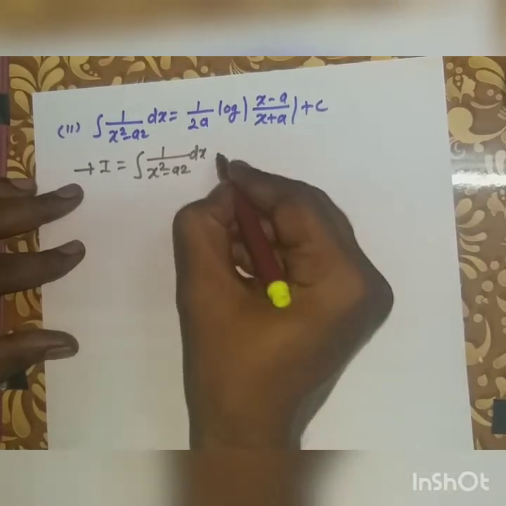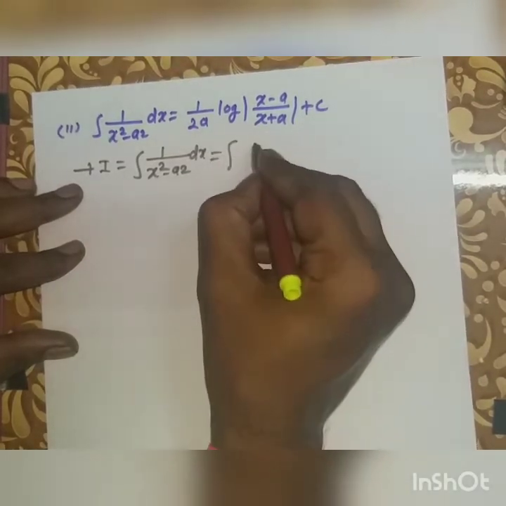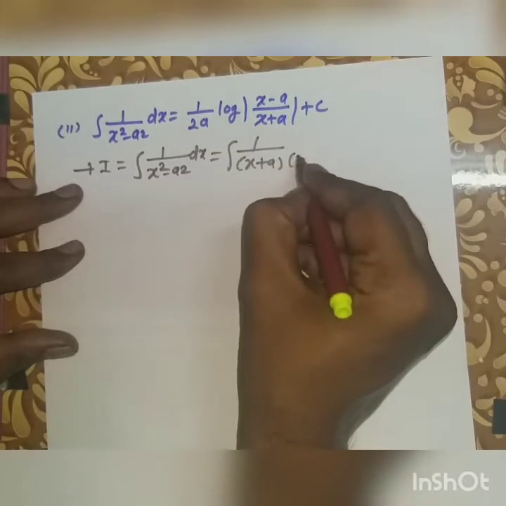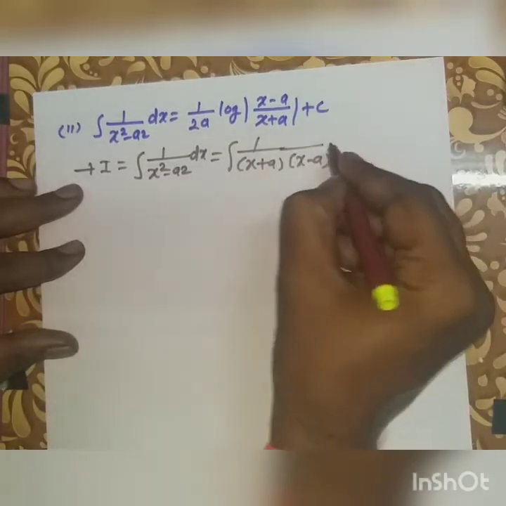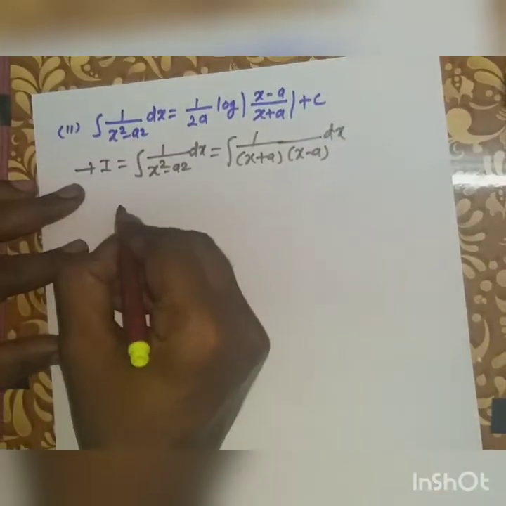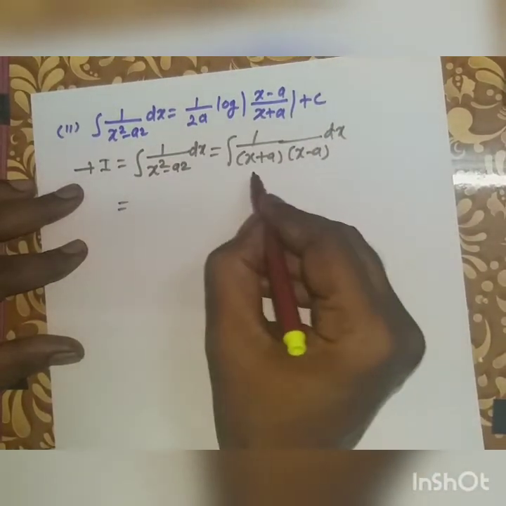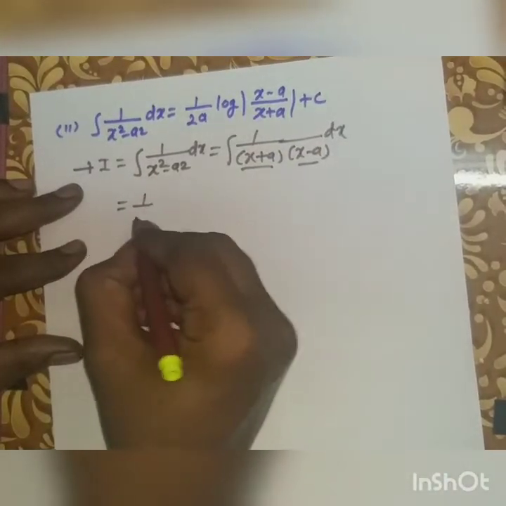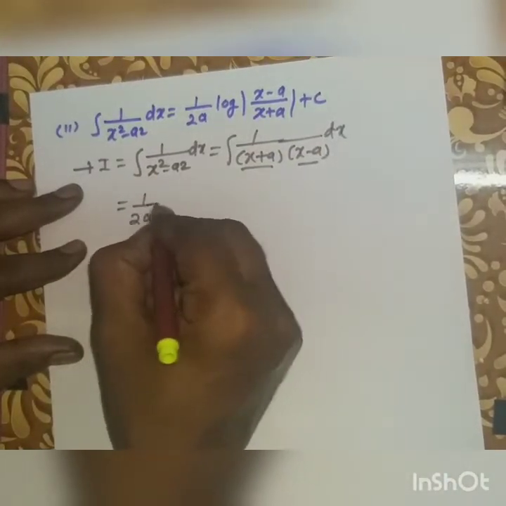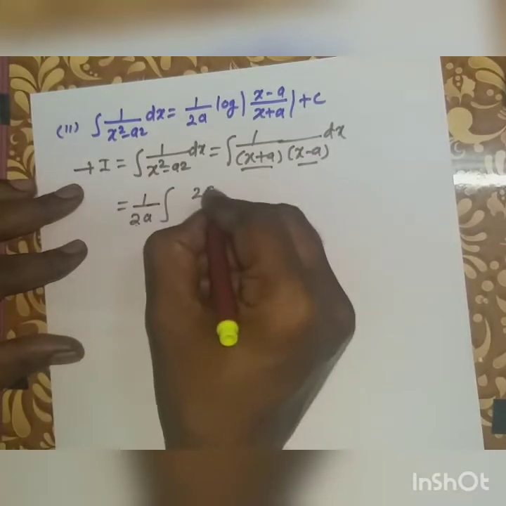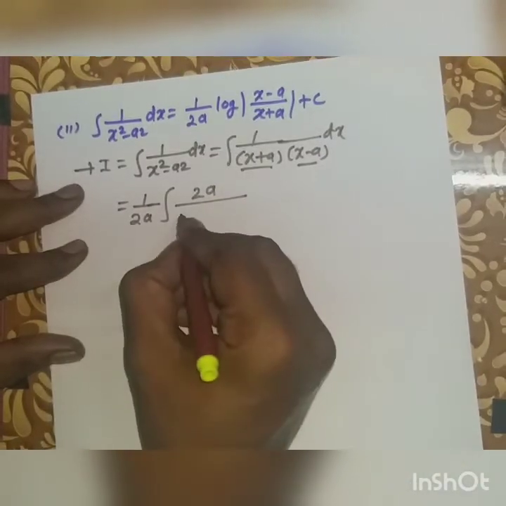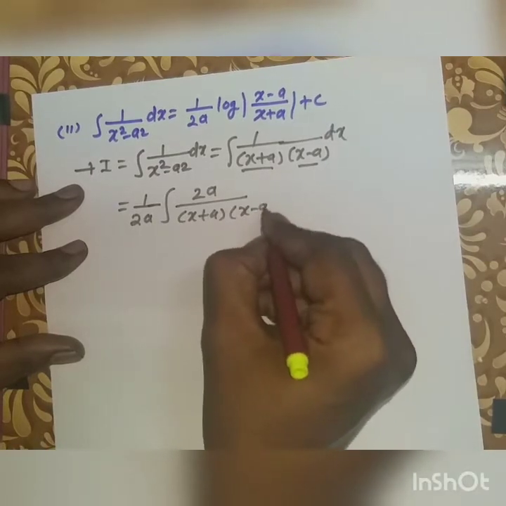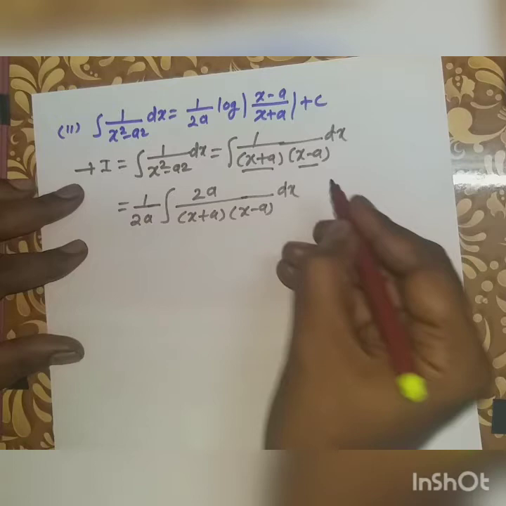Now we factorize this in this way, integration of 1 divided by x plus a into x minus a dx, and we adjust these two brackets in the numerator, that is we multiply and divide by twice a, then we get 1 divided by twice a integration of twice a divided by x plus a into x minus a dx.